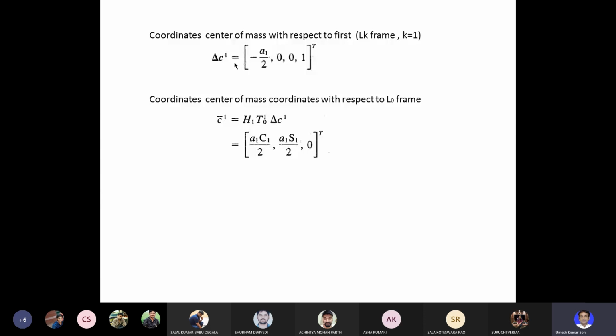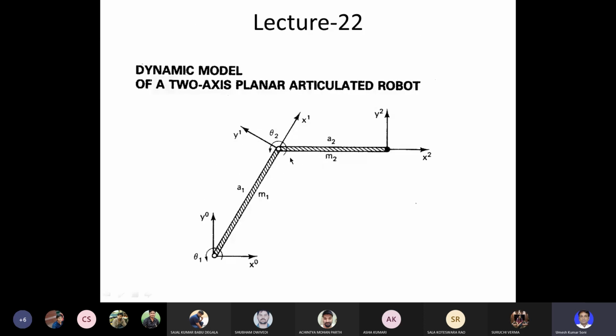Okay, so this is the step by step procedure. So what is the distance in the x direction? Here in the x direction you see that it has only the length minus a1 by 2, and there are no coordinates along the y axis or the z axis.